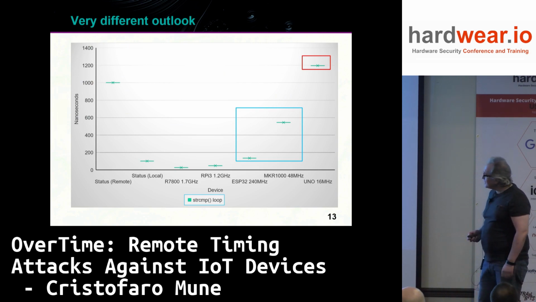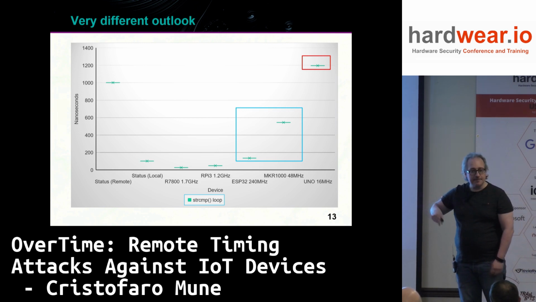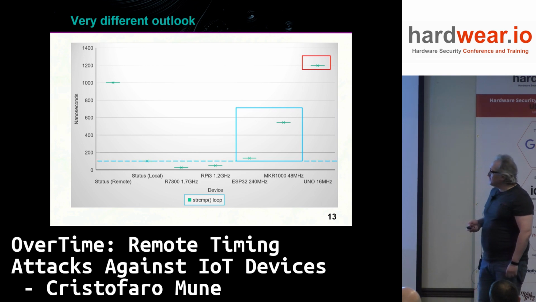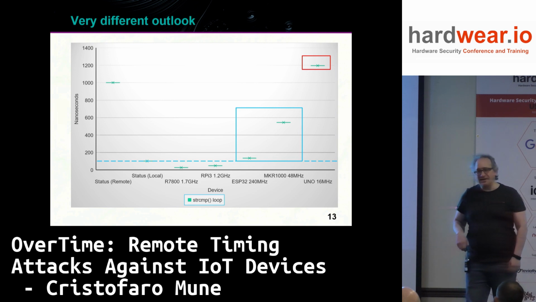What you see here are a number of measurements where I've done the same string compare on different systems. This is the state of the art for local. This is the line: if you are above this line, I can likely attack you with a 1 gigabit connection in the local LAN.